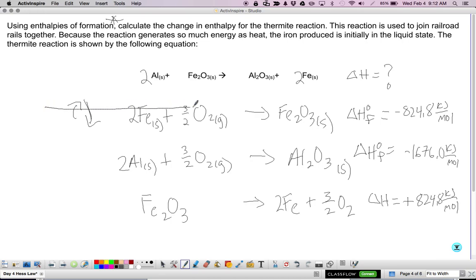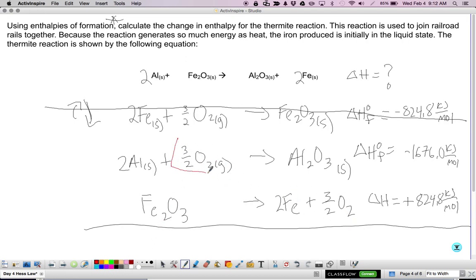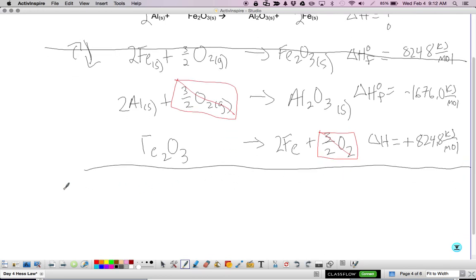All right, and then I'm just going to draw a single line through this so I don't get confused by it. Okay? And then I'm going to look for stuff to cancel. Now, I see oxygens on both sides. So that goes away, and that goes away, and nothing else cancels. So I can just create my equation.